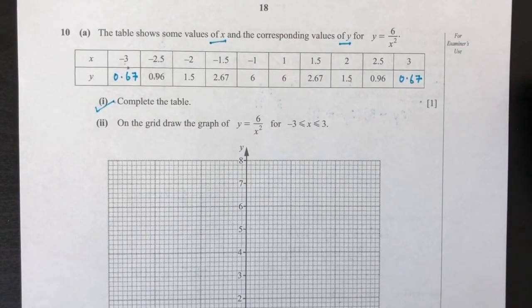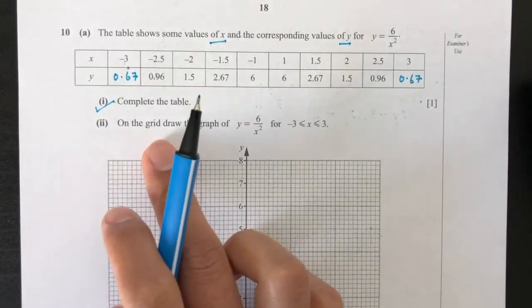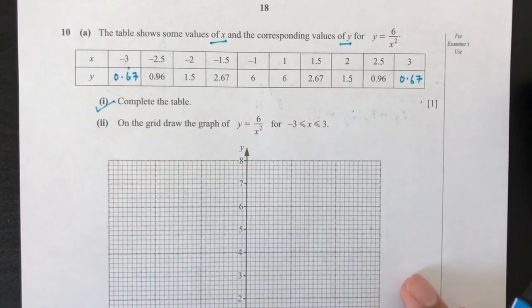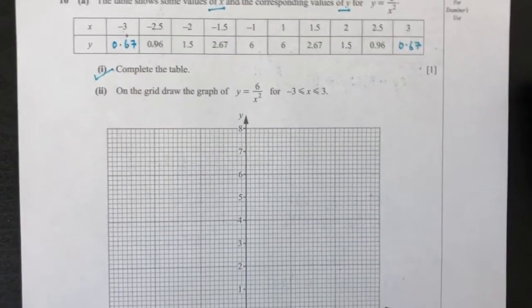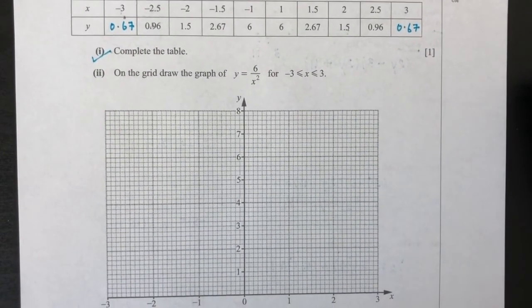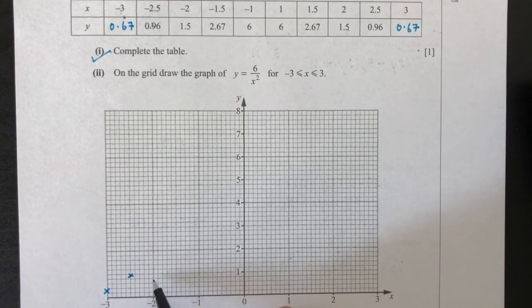Now for part 2, complete the graph, so on the grid, draw this graph. Let's find the points and draw this together. Here we have minus 3 and 0.67. Then minus 2.5, 0.96, should be about right here. And we have minus 2, 1.5 right in between.